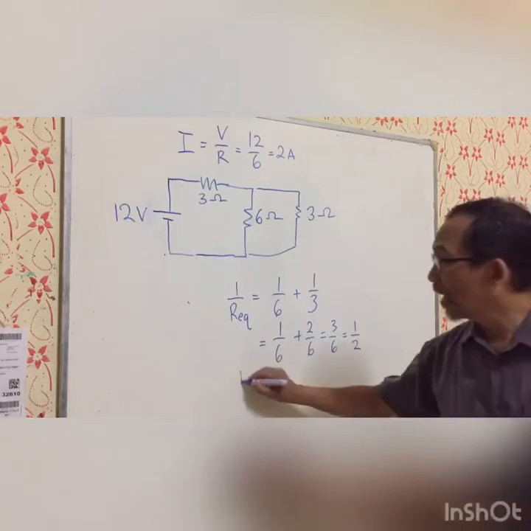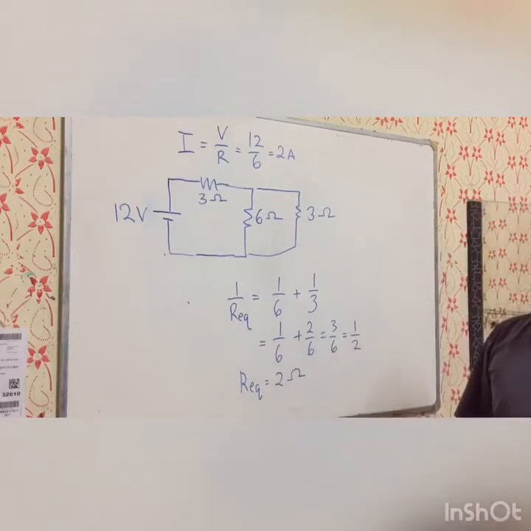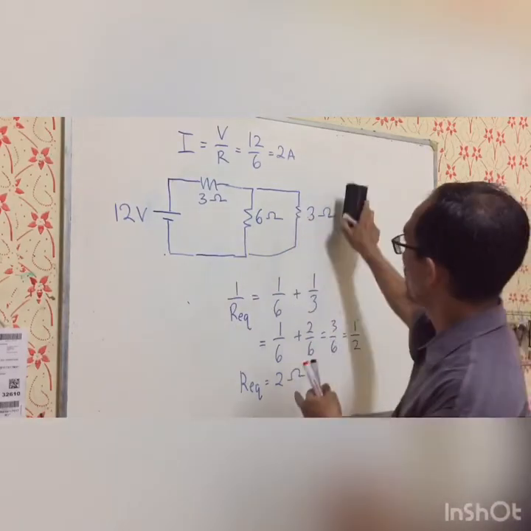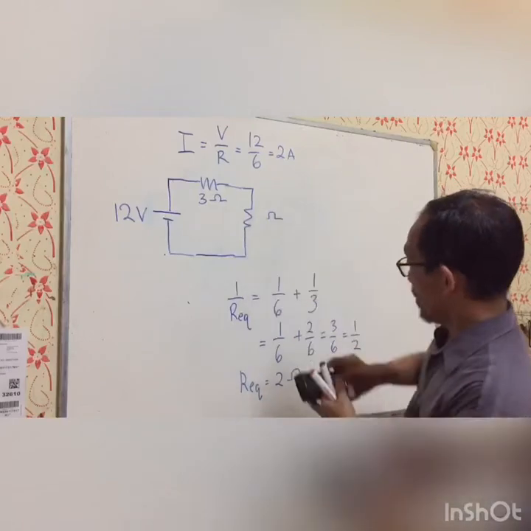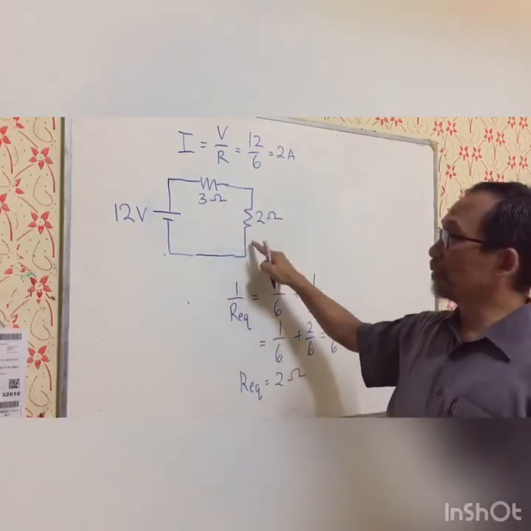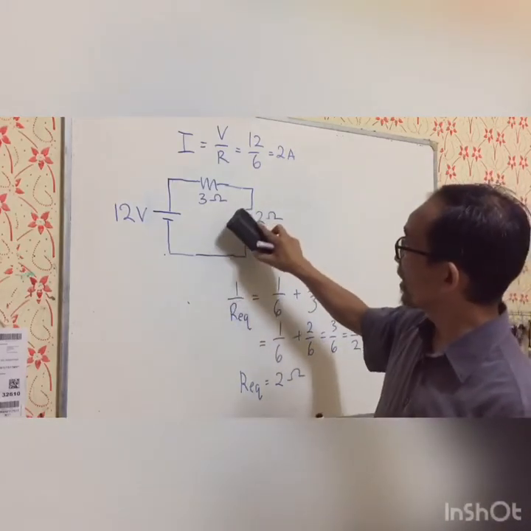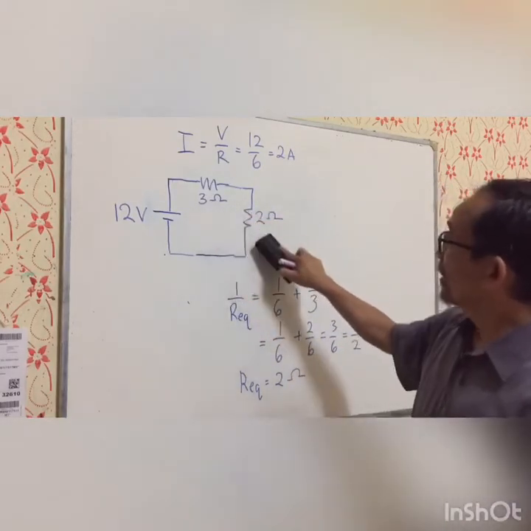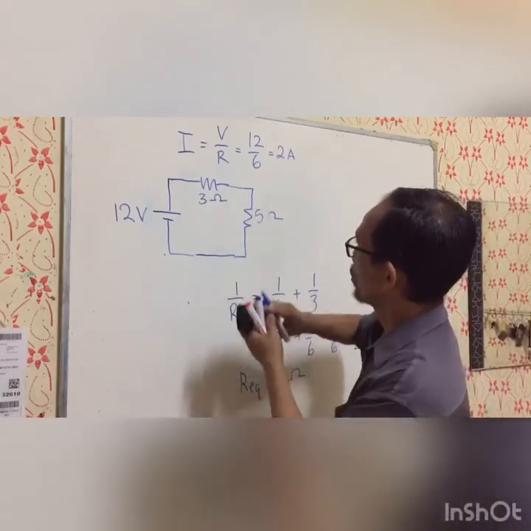So this means R equivalent resistance is equal to 2 ohm. So we can replace all this with just a resistor with resistance of 2 ohm, and then we can combine this because these two resistors are in series. So combining these 3 plus 2 is 5 ohm. So we can remove this one.